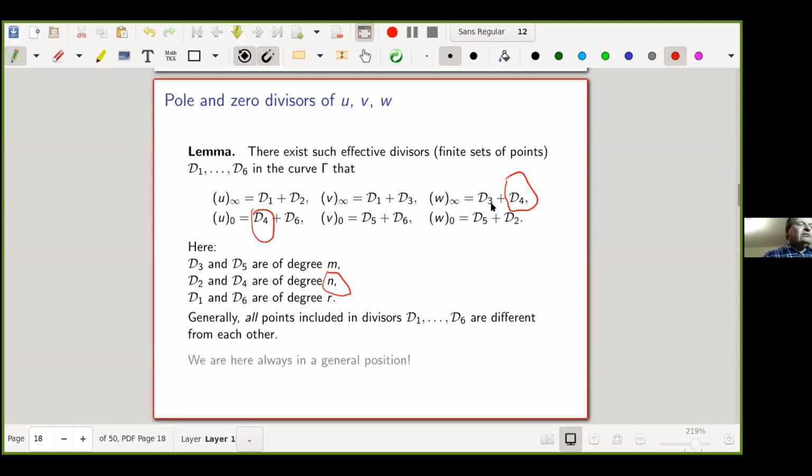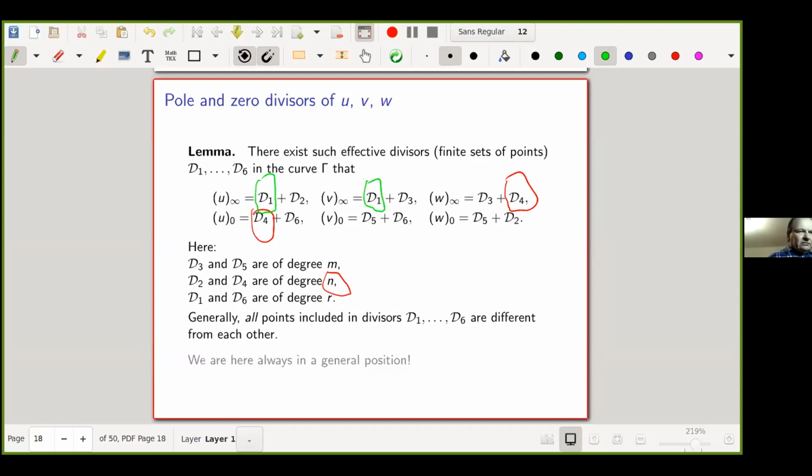And besides D4, there are also other divisors consisting of some points where something other happens. For instance, D1 is where U is infinity and V is infinity, and so on.